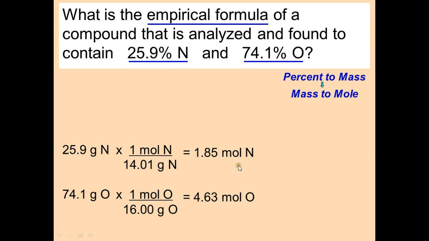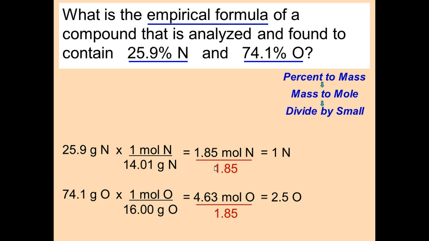Then it says divide by small. Out of these two numbers, we pick the smaller one and divide both of them by it. Out of 4.63 and 1.85, 1.85 is smaller, so we divide both numbers by 1.85, and we get 1 and 2.5.